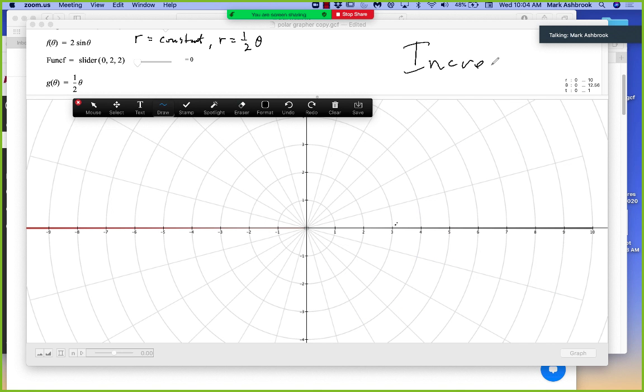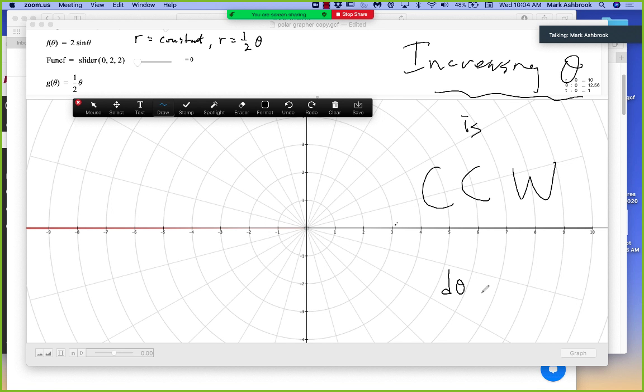Increasing theta is counterclockwise. So we're always going to think about increasing theta. A little change in theta means theta is increasing. It will just be too confusing if we also start doing clockwise. So increasing theta is counterclockwise, and that's how we'll always sketch these graphs.